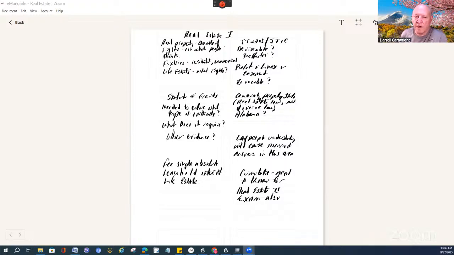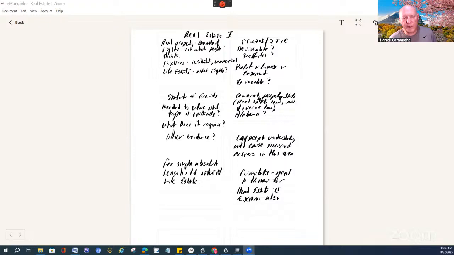Does it differ if you are a residential occupier of that property versus a commercial occupier of that property? What if there's more than one person that owns interests in the property at the same time? Now, if you have a leasehold interest, that's an example, but that's not the only example.